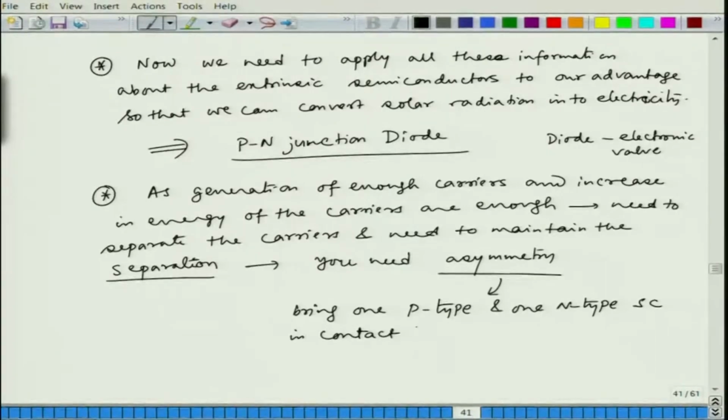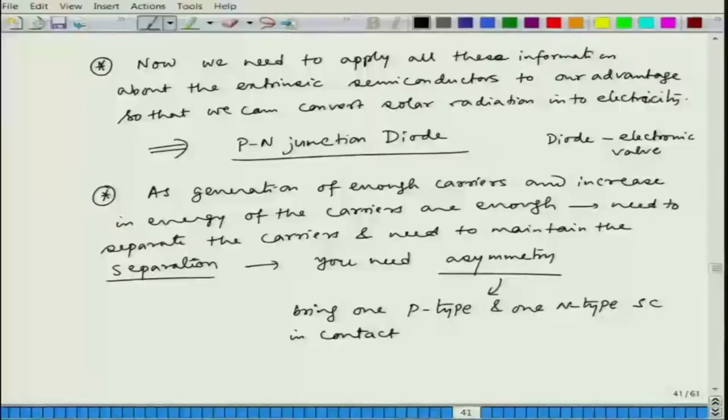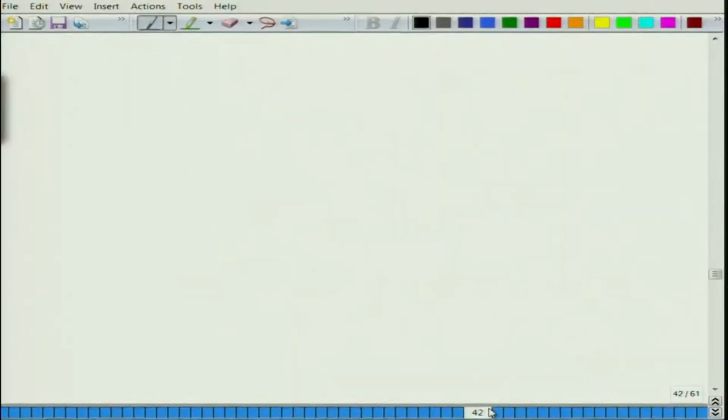If you bring them into intimate contact, you will generate that asymmetry, because now you have electron concentration higher on one side and hole concentration higher on the other side. So, that asymmetry we have to generate and maintain, that is why we call it a p-n junction diode. Okay.